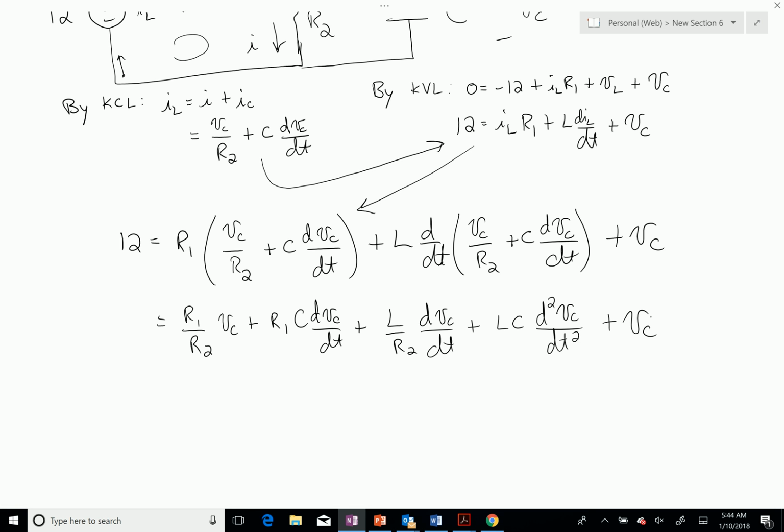At this point, yeah, you could simplify this symbolically, but I don't want to. It's going to get messy and ugly. It already is messy and ugly. So I go ahead and plug in all my numbers. R1 equal to 4 ohms, R2 equal to 2 ohms, C equal to 1/2 of a farad, and L equal to 1 Henry.